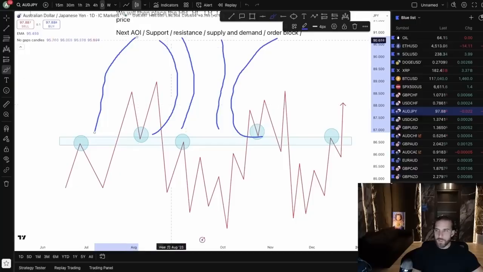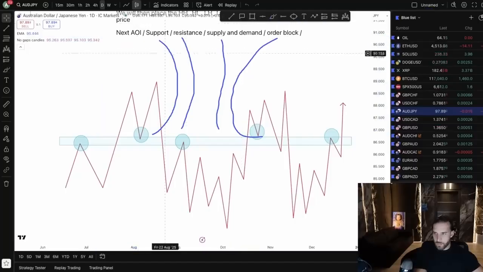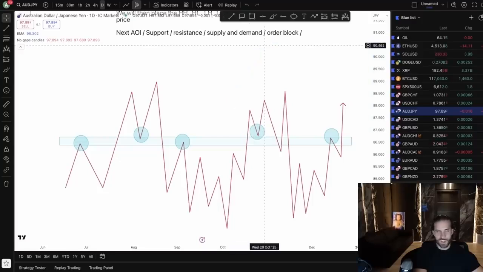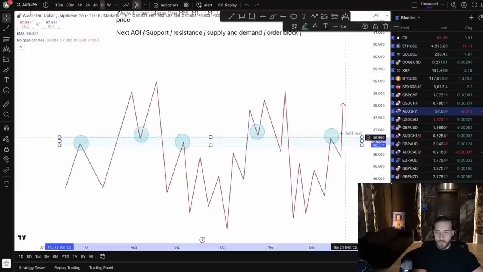Supply and demand zone, support and resistance, order blocks, all of this is literally the same thing. People have complicated this over the last couple of years. I don't know why, but it's all the same thing. It's an area of interest. It's an area where, once the market gets there, it's an area that you are interested in because the market has a reaction from it.